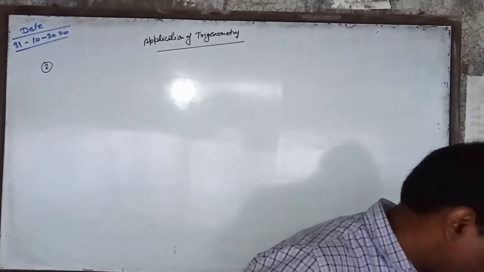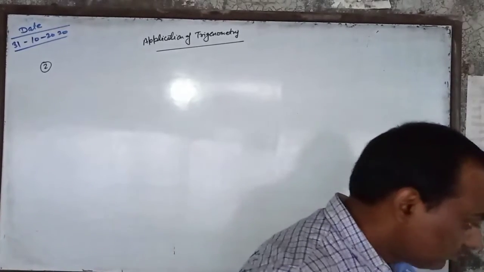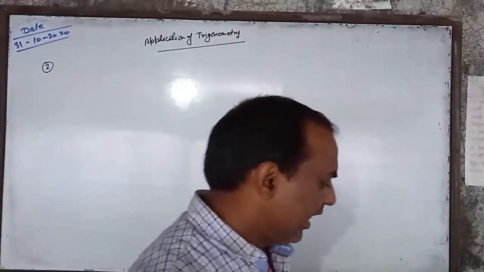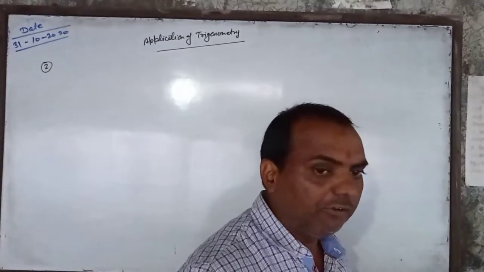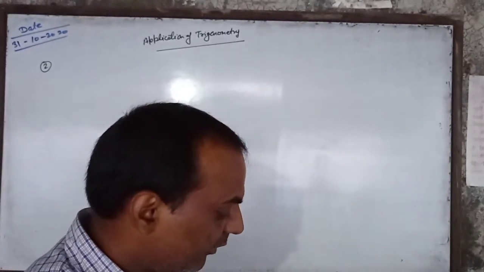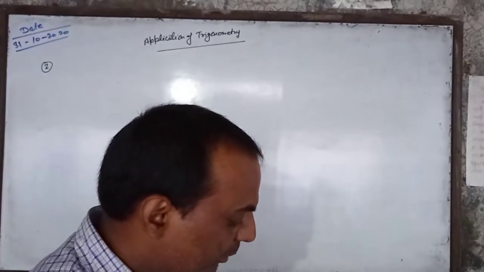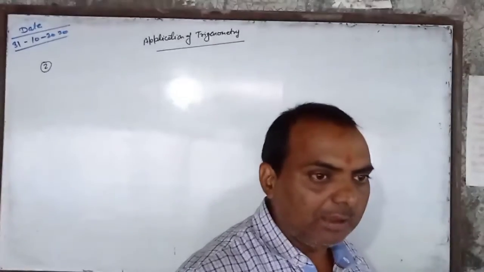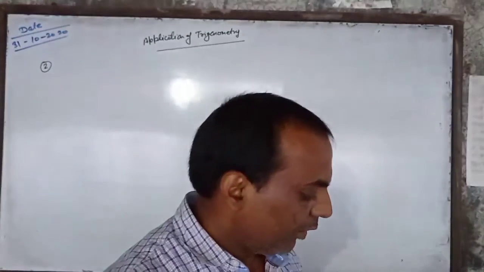In question number 2, a tree breaks due to a storm, and the broken part bends so that the top of the tree touches the ground, making an angle of 30 degree with it.